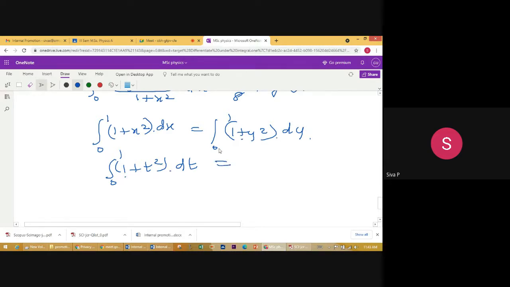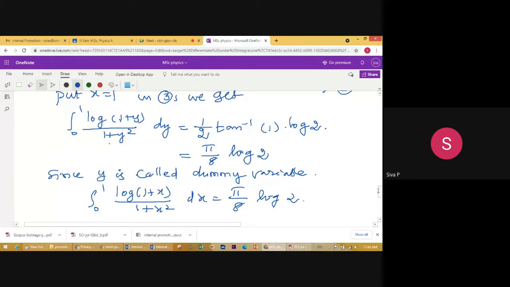Those variables x, y, t are known as dummy variables. In the definite integral from 0 to 1, instead of y you can write x or t.